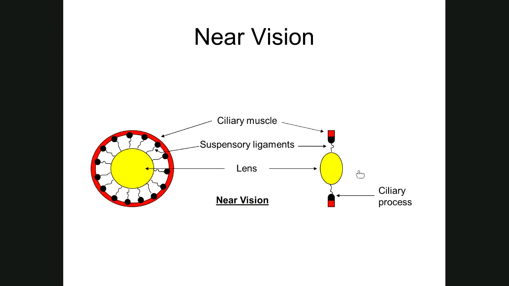I put this picture on here because it said this muscle contracts and the tension's released. Well, it's released because the ciliary muscle is a sphincter muscle, and when it contracts, it goes in like this. And if you have ligaments attached to the periphery of that lens, they're going to go in too, and the tension is going to be reduced.